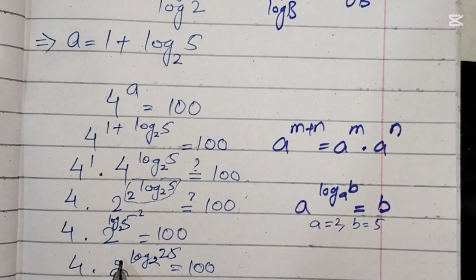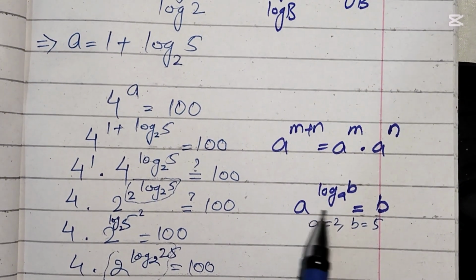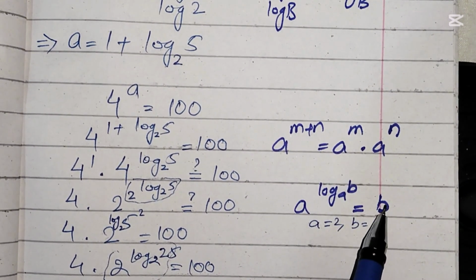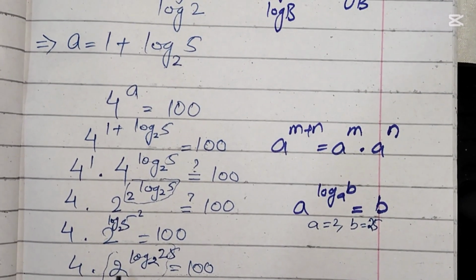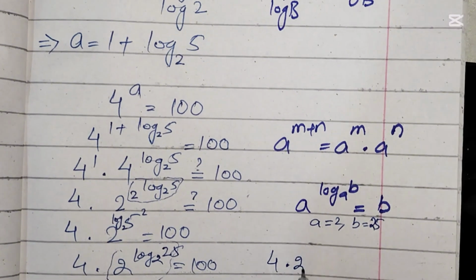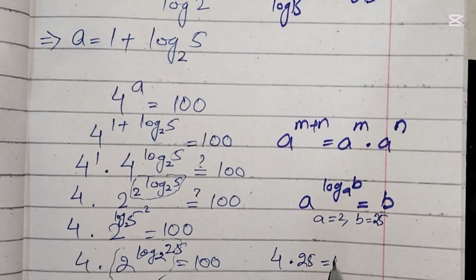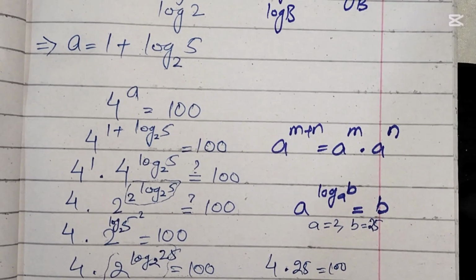For this formula, we will use this one: a power log of b with the base a equals b, where a is 2 and b is 25. So it will be 4 into 25 equals 100, which is 100 equals 100.